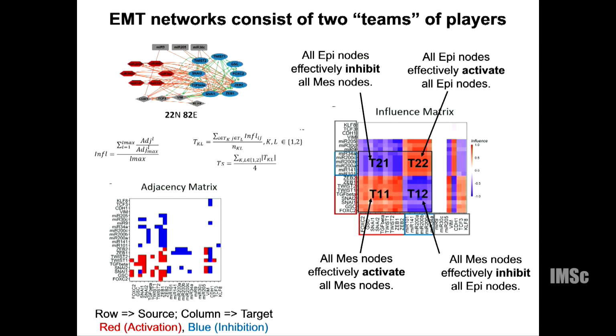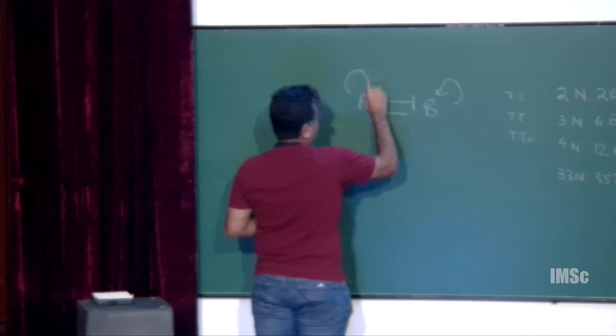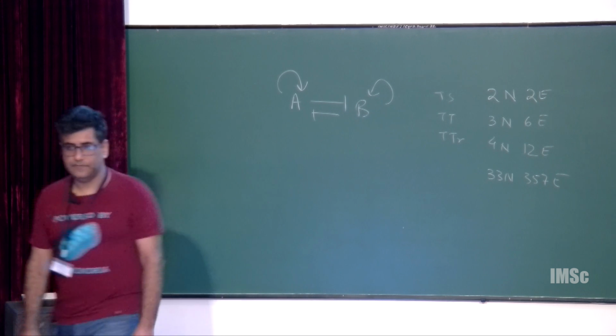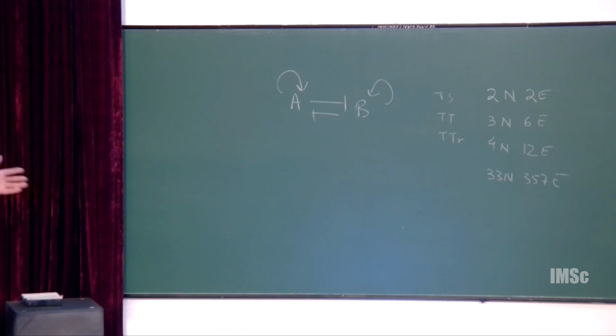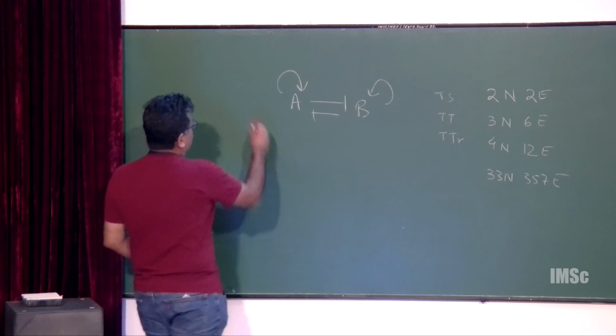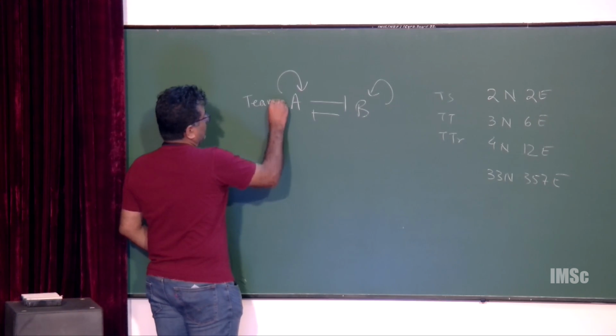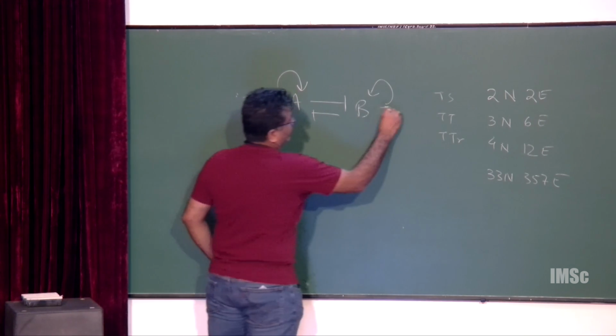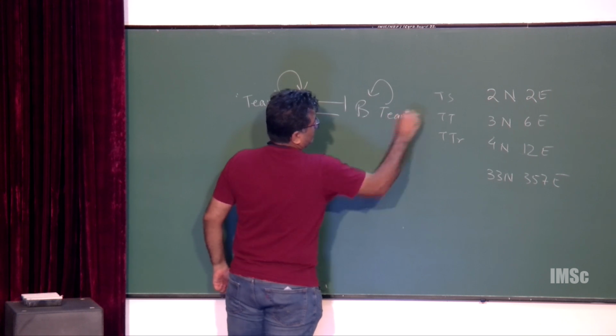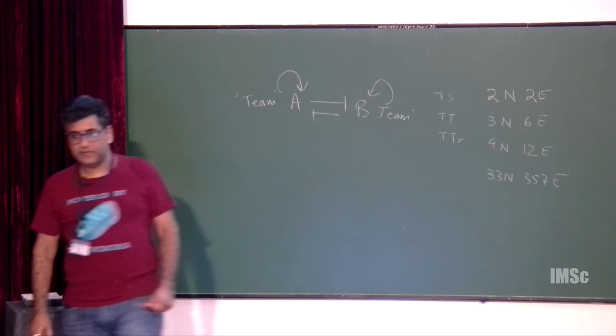It looks like a very complicated network, but you're back to a scenario where it's something similar to this at the end of the day. Now, instead of one A, there is a team of A, or instead of one B, there is a team of B. But that's the only difference, right?